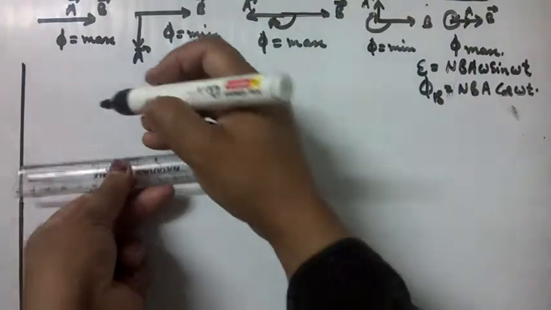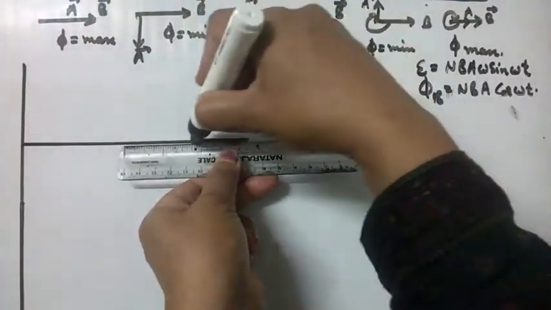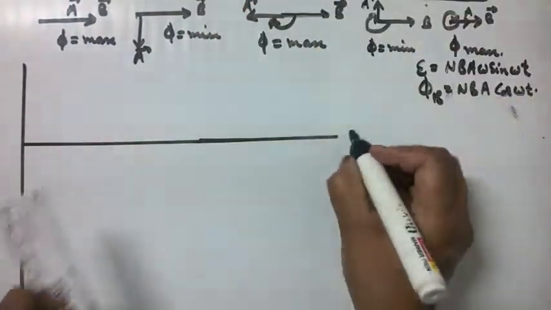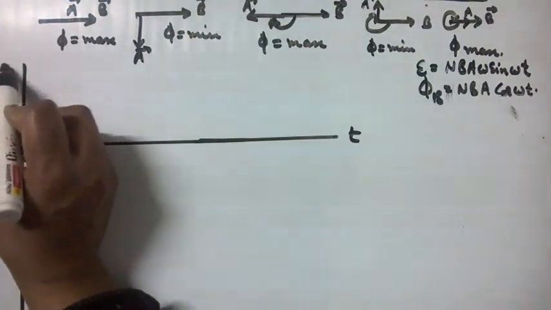So the graph for one complete cycle, taking 4 stages. This is for magnetic flux.